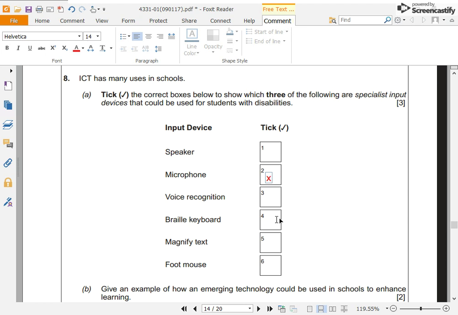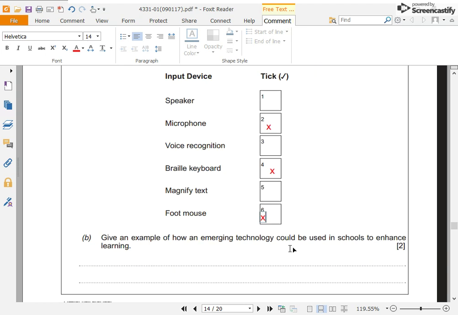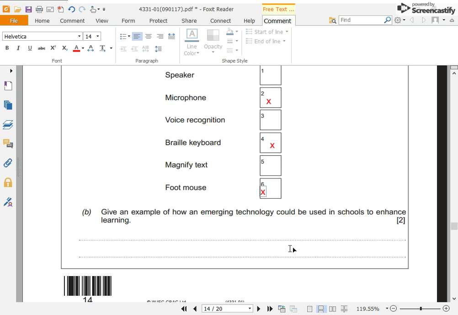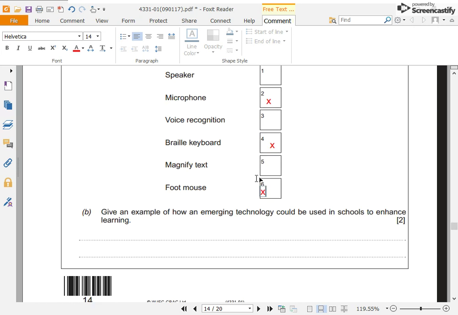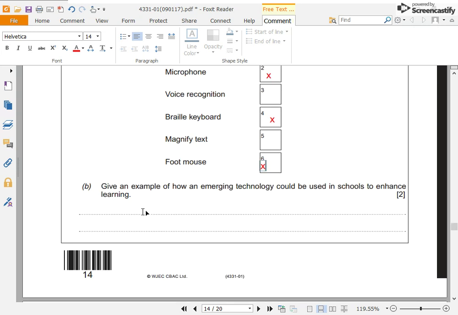Okay, so microphone, braille keyboard, and foot mouse. Okay, so if you didn't have use of your arms, you could use a foot mouse. If you didn't have use of your hands, you could speak the words into the screen.